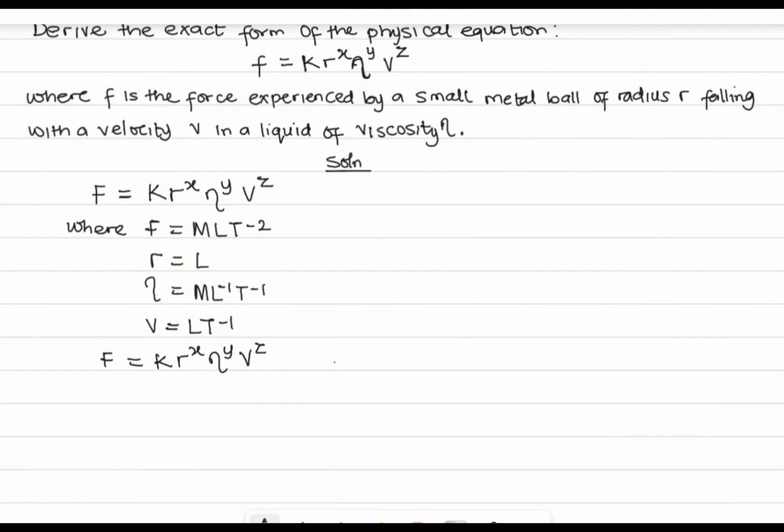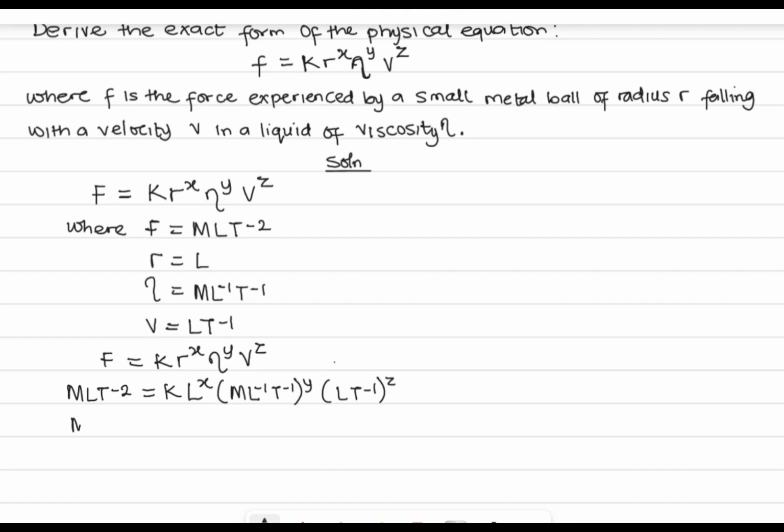And then putting in their dimensions, we get that force, MLT^-2, is equal to K. The r now is L raised to power x, and then the viscosity, which is ML^-1T^-1, all raised to power y, and then velocity LT^-1 all raised to power z.